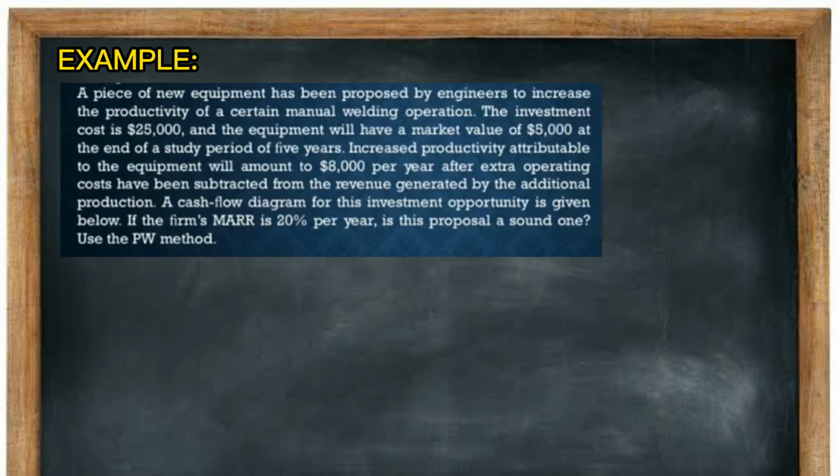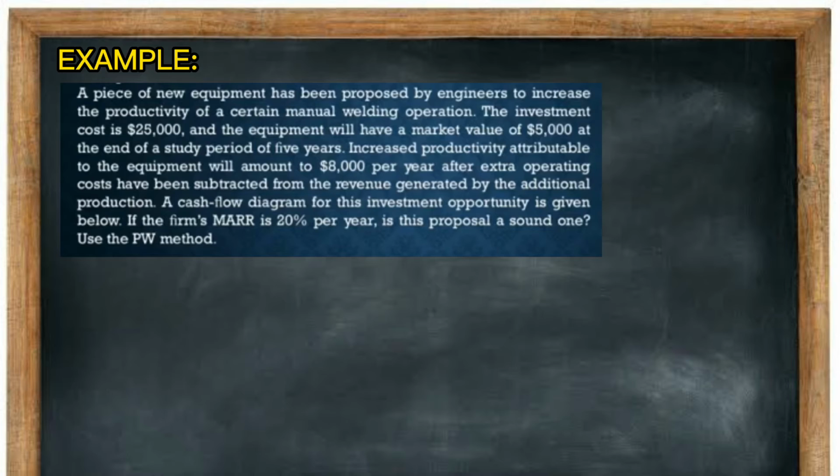Let's have an example. A piece of new equipment has been proposed by engineers to increase the productivity of a certain manual welding operation. So, yung engineers ay meron daw silang pinropose na equipment para sa productivity ng certain manual welding operation.